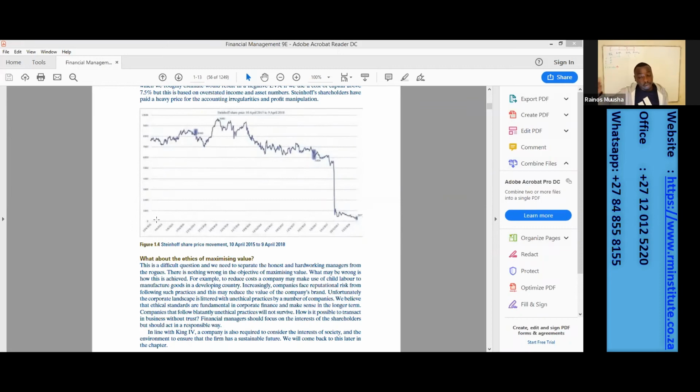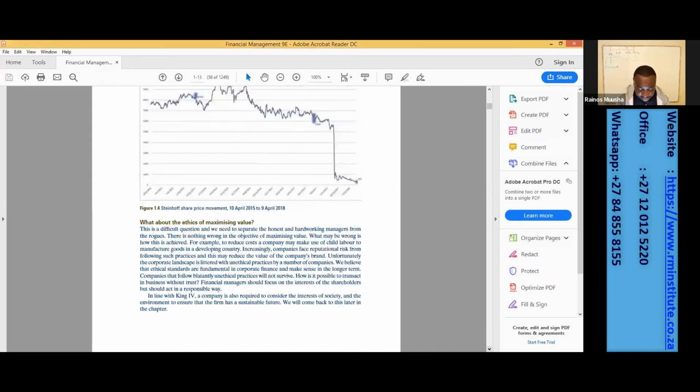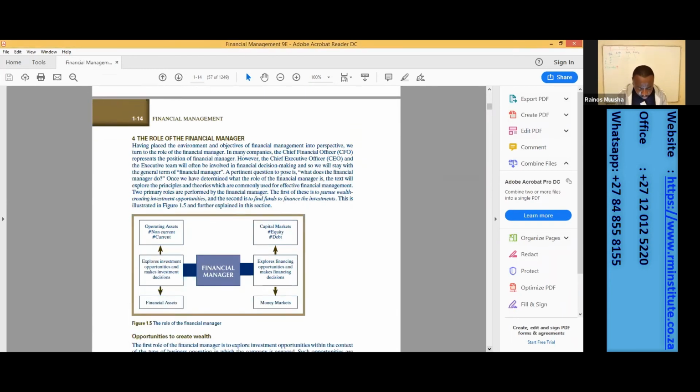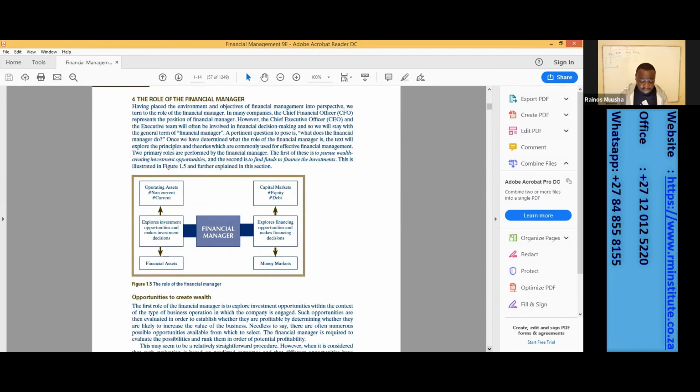If the company is acting unethically, in the short run, they might be able to maximize profits, but they're not going to be able to survive in the long run to achieve that goal. So that is the link between a company acting ethically and the long-term goal of the firm, which is basically to maximize shareholders' wealth sustainably.